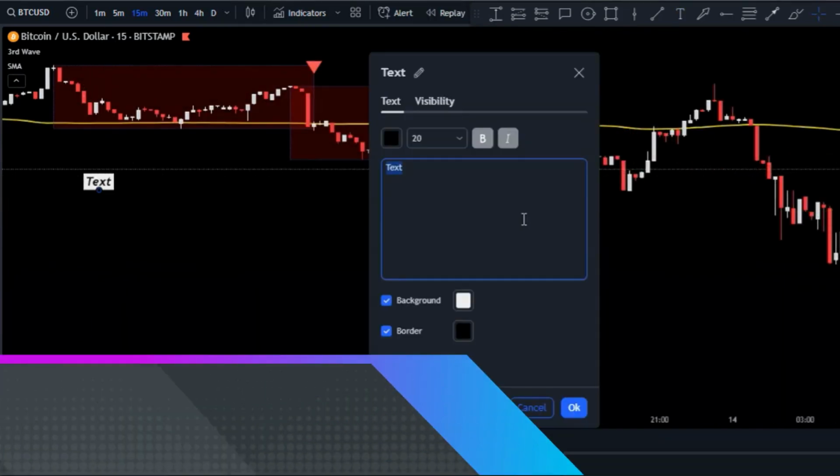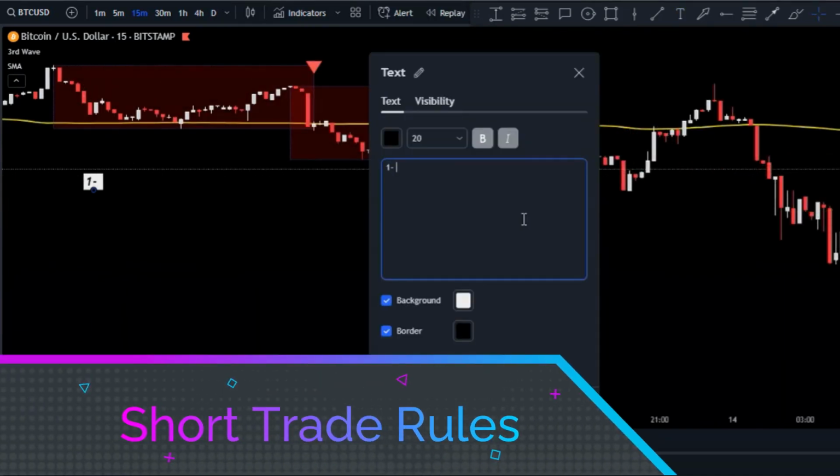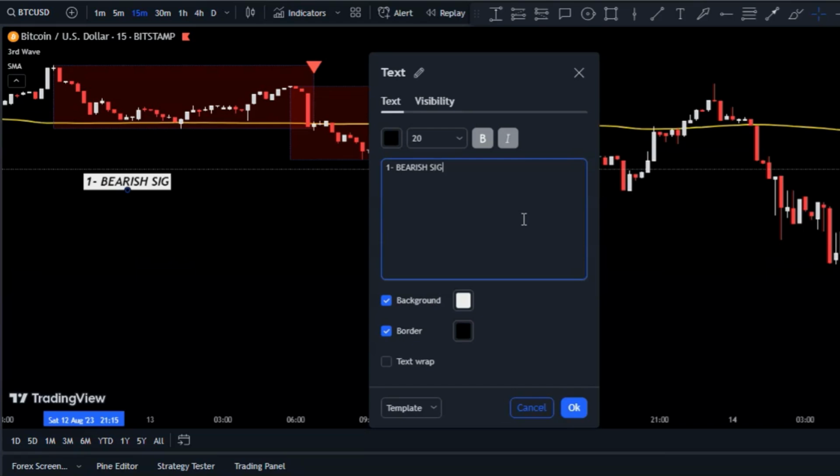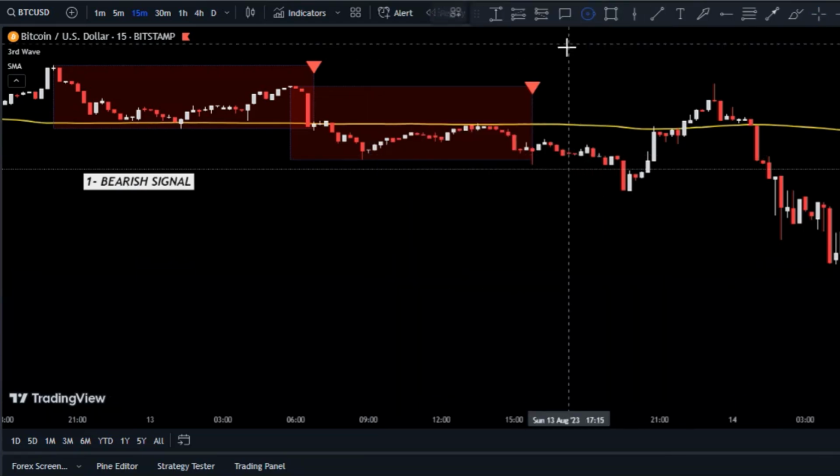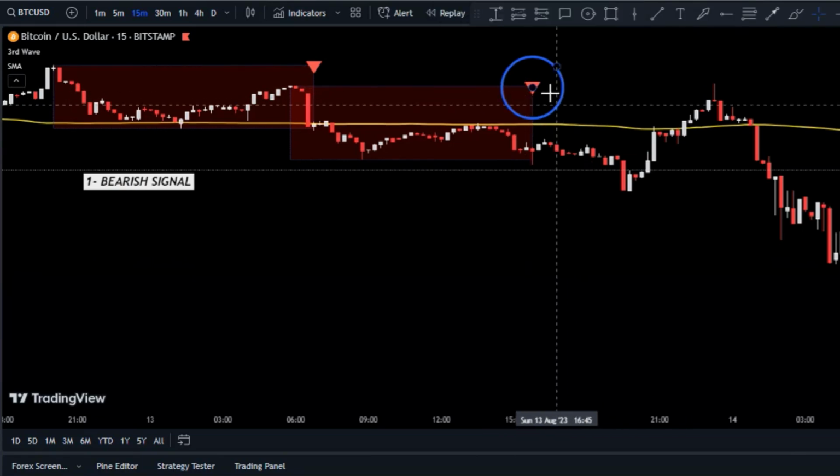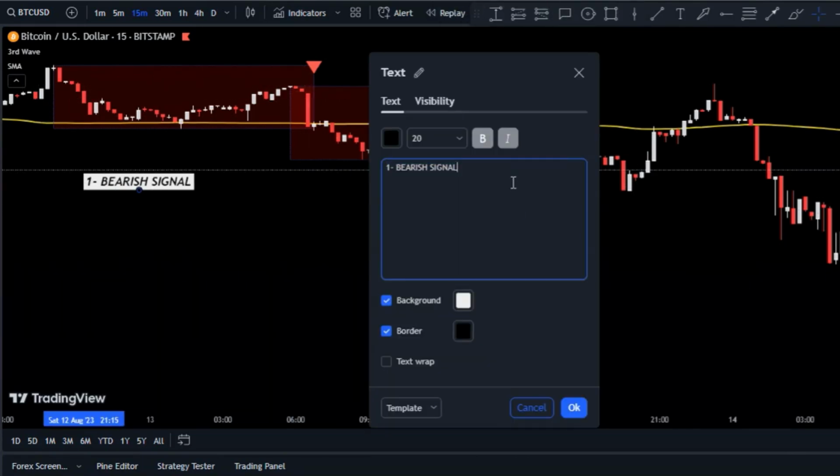And now to initiate a sell trade, start by waiting for a bearish signal to appear. Subsequently, ensure that the price is trading below the SMA indicator.